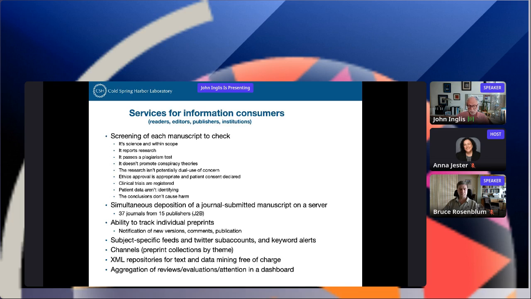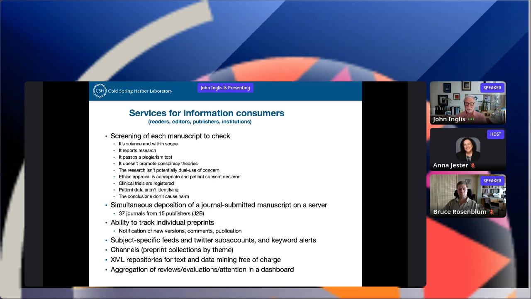We also offer a variety of discovery tools, feeds, RSS feeds, Twitter sub-accounts, and the ability to be alerted in response to keywords. Channels are an ability to collect preprints by theme, and that theme could be a subject, or it could be a particular project, or it even could be an institution.